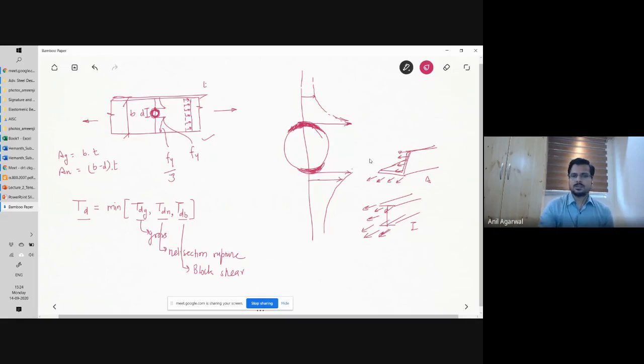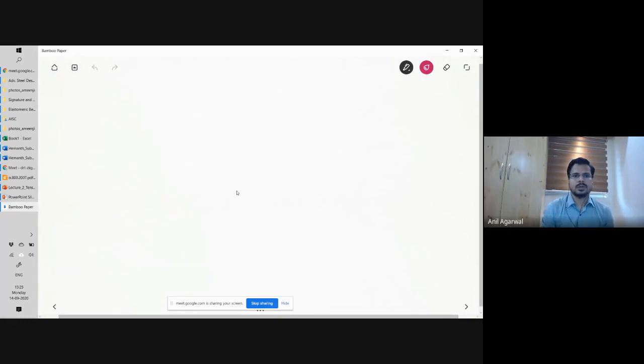What happens next is, sometimes we may not have a single hole, we may have more than one hole, and the two holes may not always be aligned in the direction of the load.